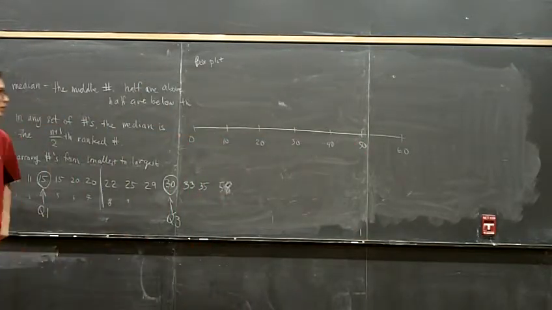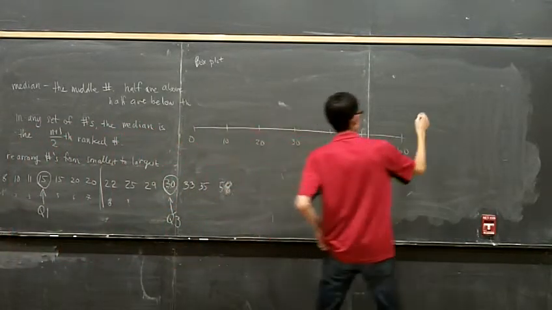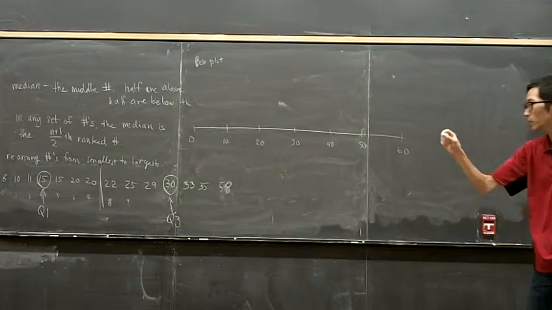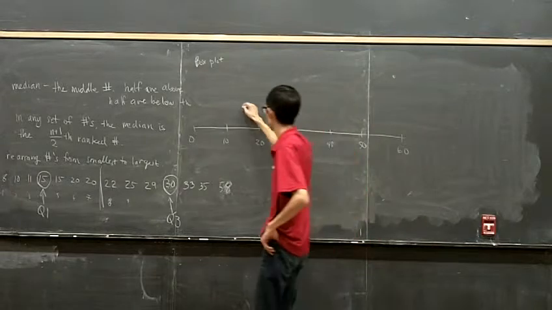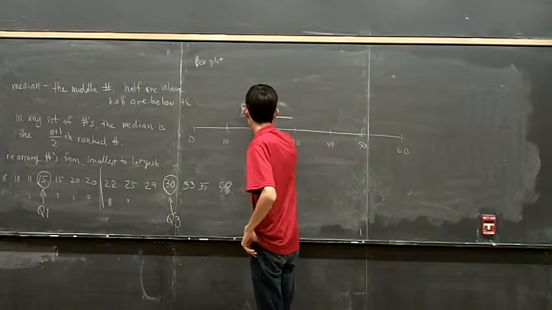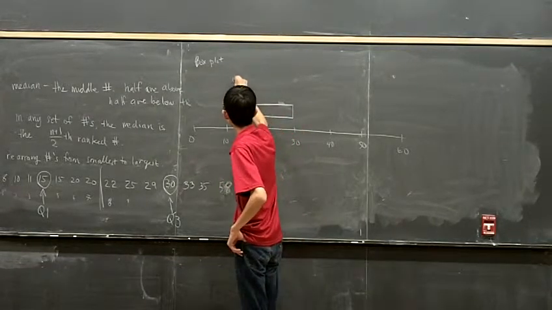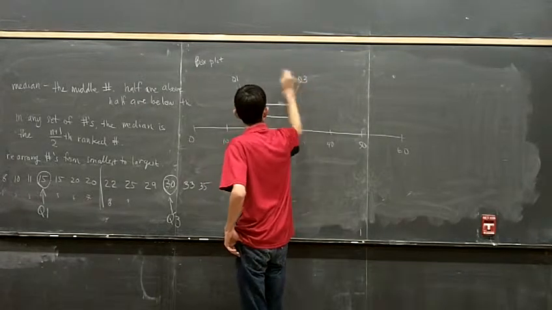With a box plot, you draw a box, and the edges of the box are Q1 and Q3.